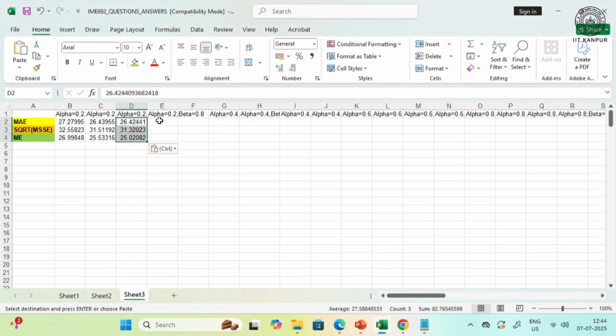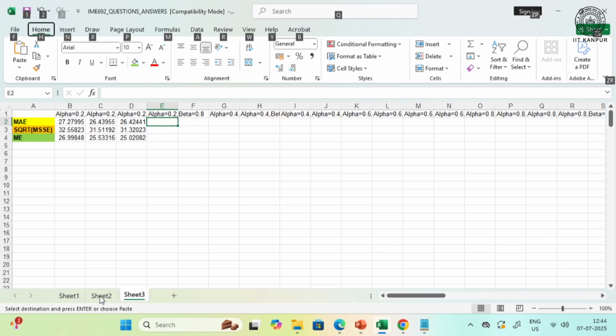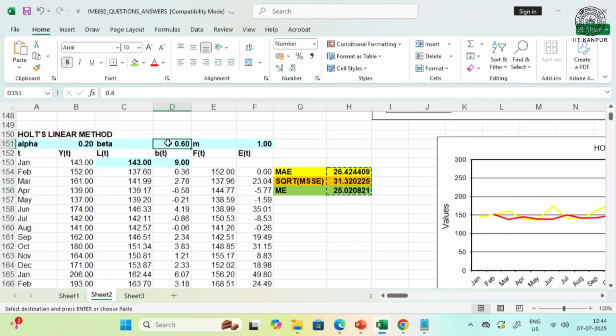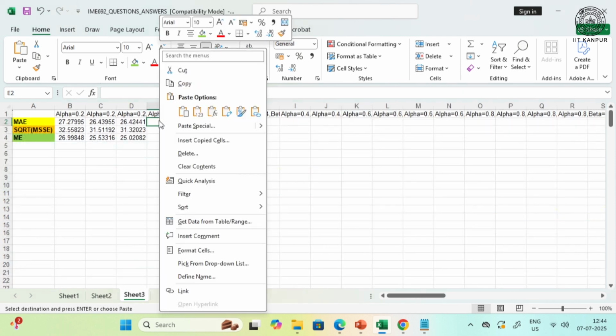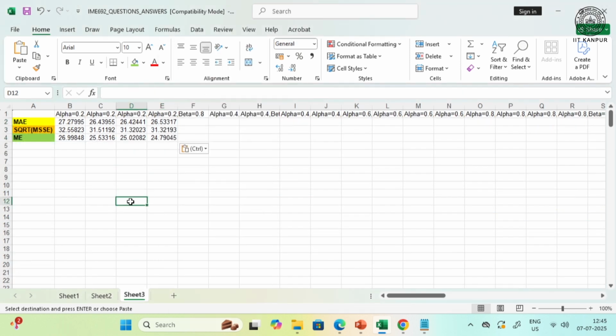Pasted. Then I have the values of beta 0.8. The values are given here, paste. Now let us check for the time being for these 4 combinations, how they look.